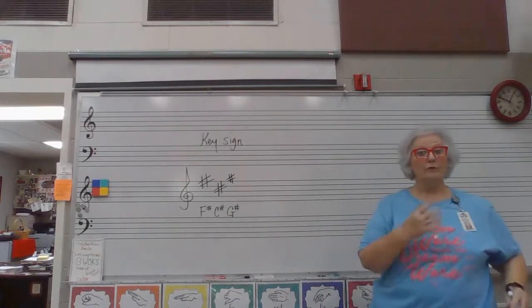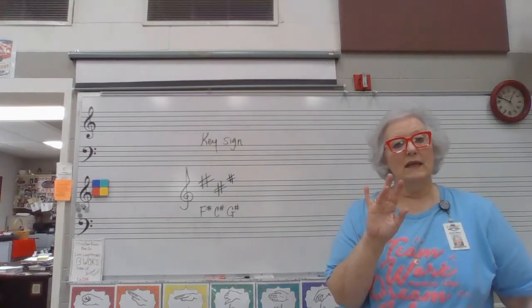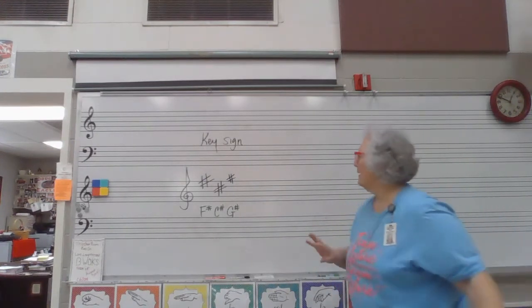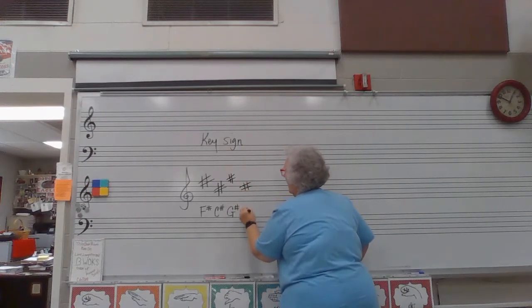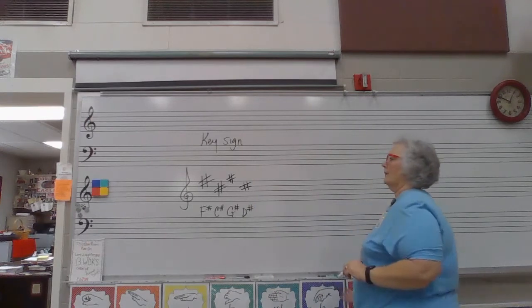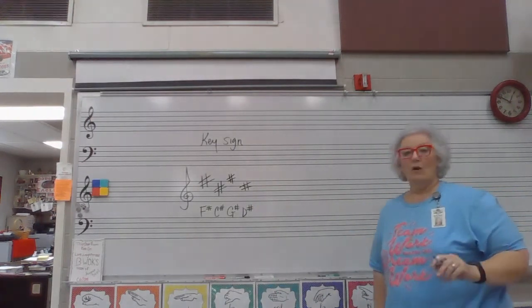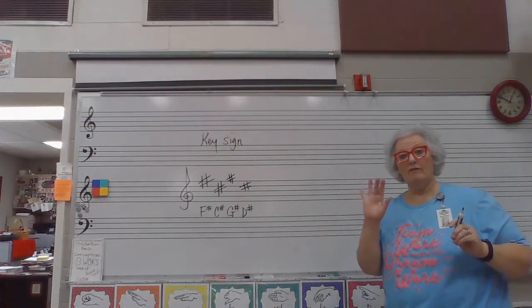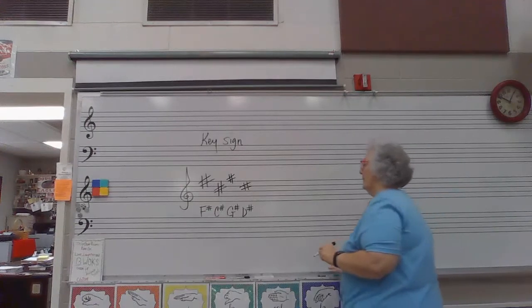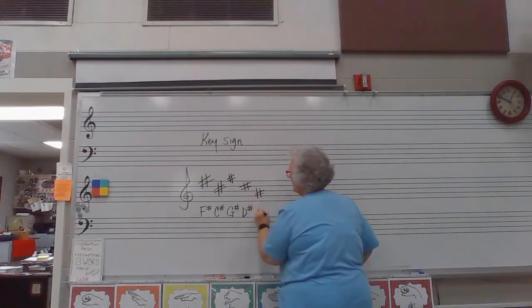Now we're going from G: G, A, B, C, D. Fourth line there. Now we're going up from D: D, E, F, G, A. Second space.